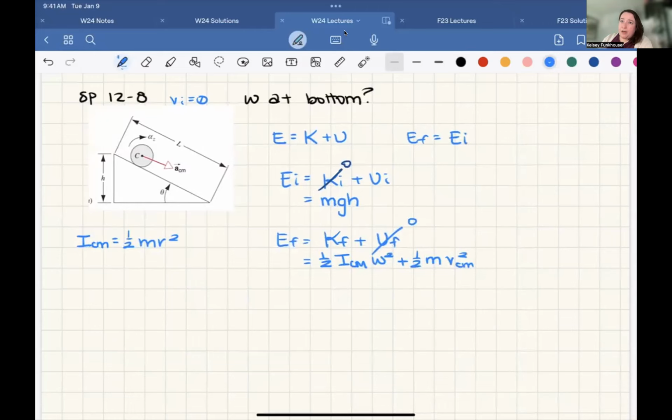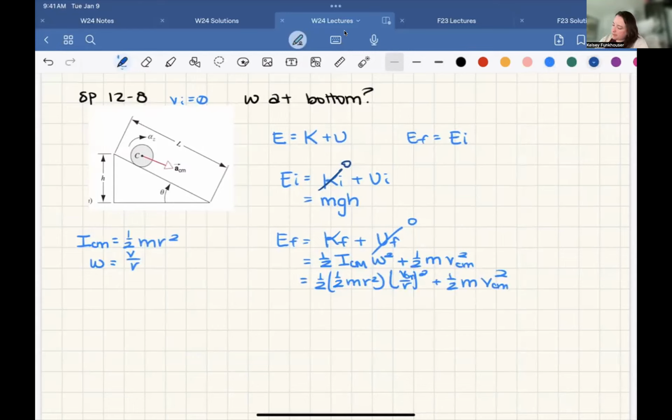But in order to do that, I'm just going to plug in that the angular velocity equals the velocity divided by the radius. So I'm going to plug that in here, 1/2 first, the equation for the rotational inertia, 1/2 mr squared times v over r squared, plus 1/2 m, this is v_cm, v_cm squared.